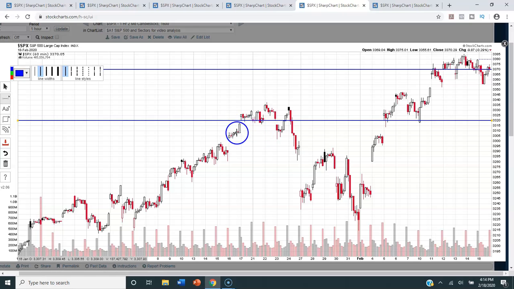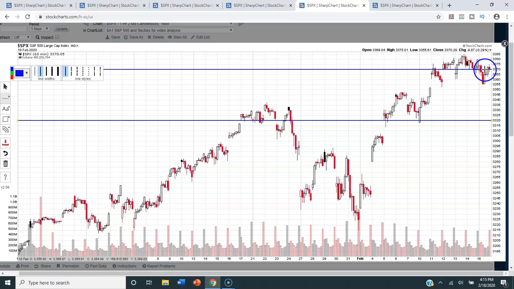You can see here that once we cleared this back in the middle of January, it acted as an area of support. Once the headlines came out and the fears over the coronavirus, of course, we sold off for a few days and then bounced up. And again, we've been back above this 3320 area since really the first week in February. So you can see how important this 3320 area is.